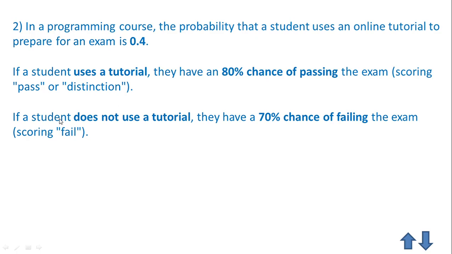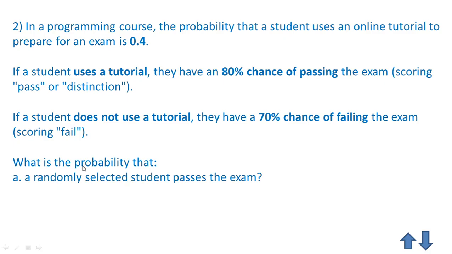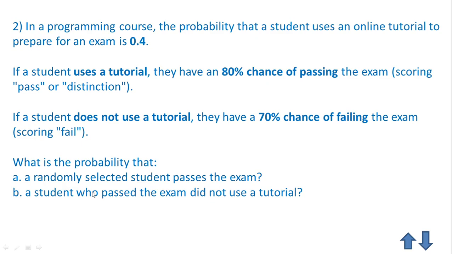If a student does not use a tutorial, they have 70% chance of failing the exam. What is the probability that a randomly selected student passes the exam? A student who passed the exam did not use a tutorial.